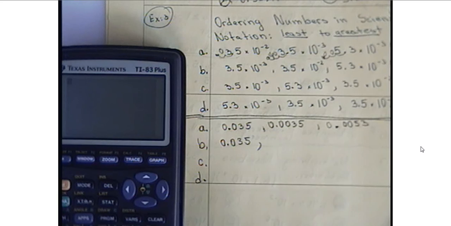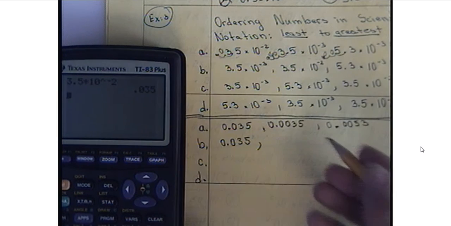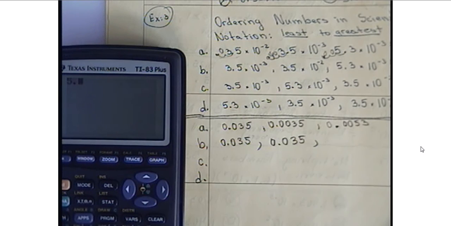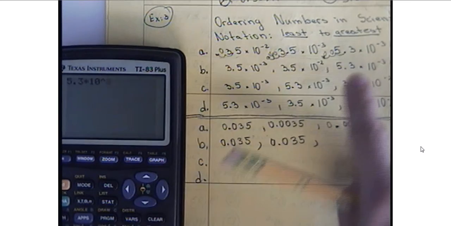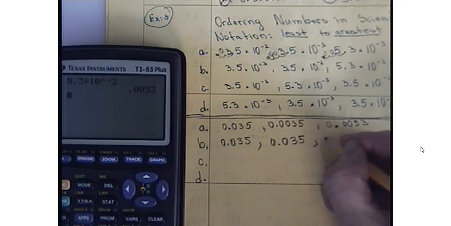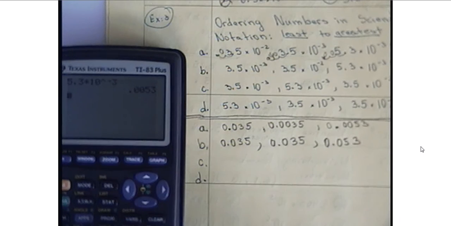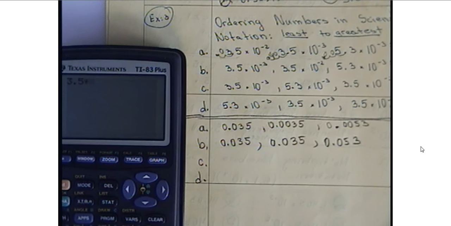Then we have 3.5 times 10 to the power of negative 2, which is 0.035. Next one will be 5.3 times 10 to the power of negative 3, which is 0.053.